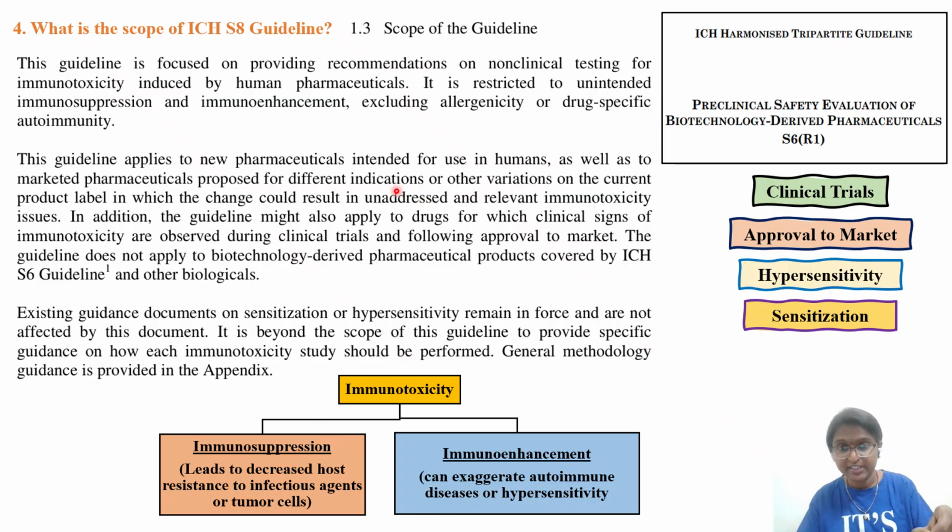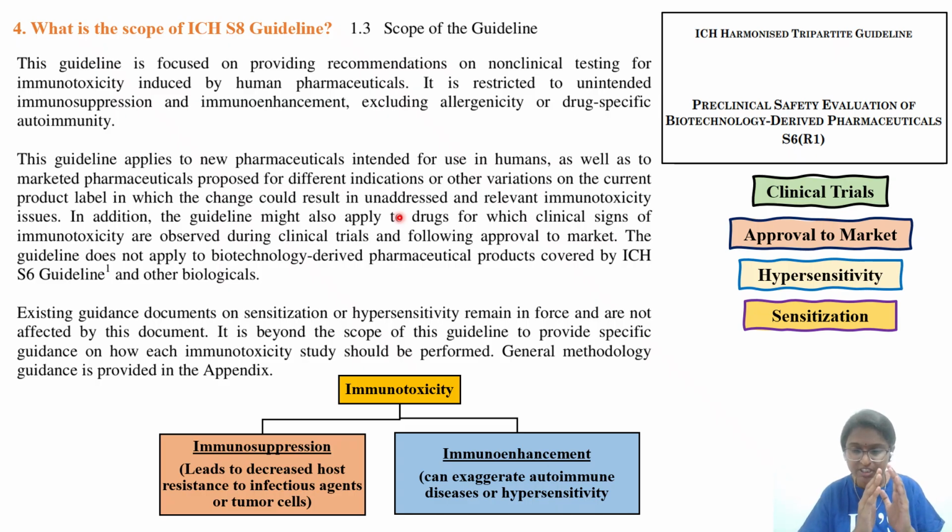So for different indications or other variations on the current product label, or a difference in the strength or in the dosage form. First you develop a capsule, now you develop a tablet, or at certain times a solution or syrup, like that, in which the change could result in unaddressed issues because of the change in indication, formulation or dosage strength.